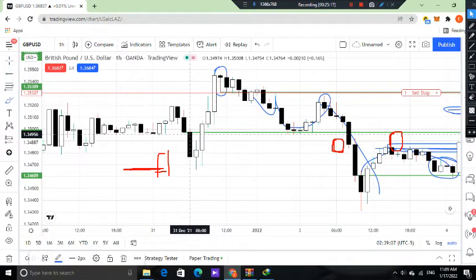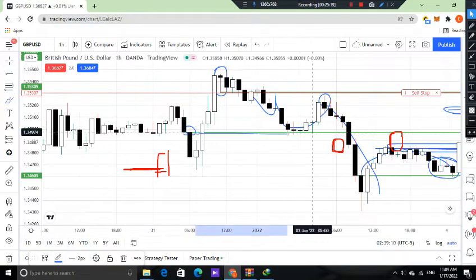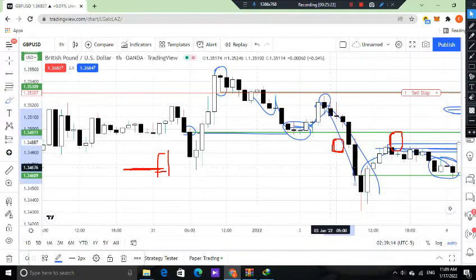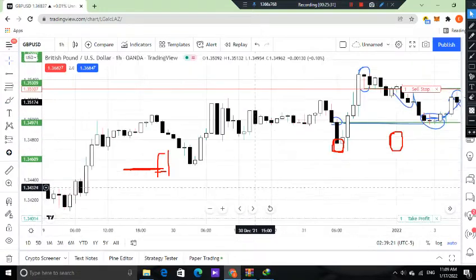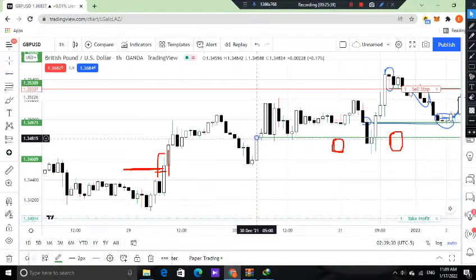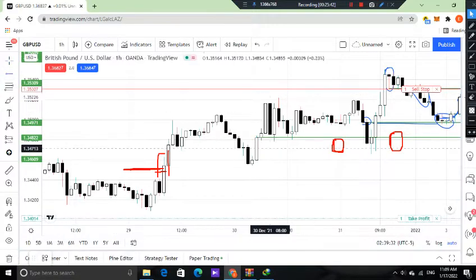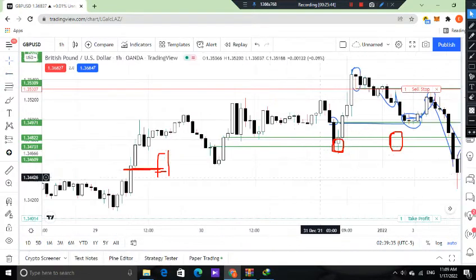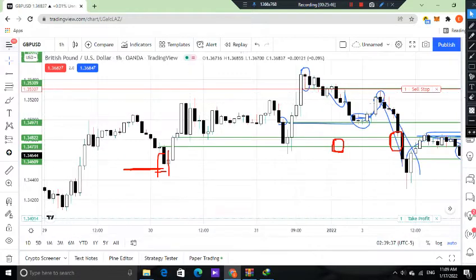As you can see here, it acted well. This one was a pullback between these two legs. And this exhaustion gap and this measuring gap, they both acted at different points as a support area.